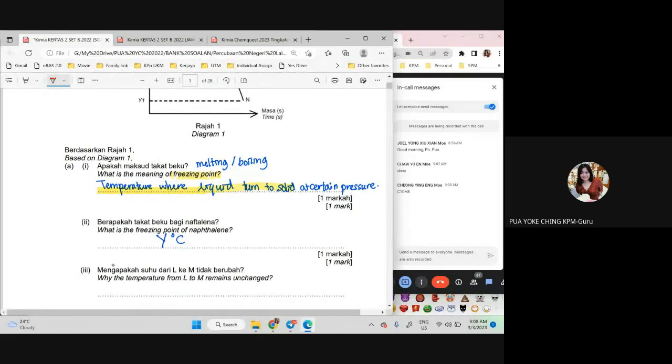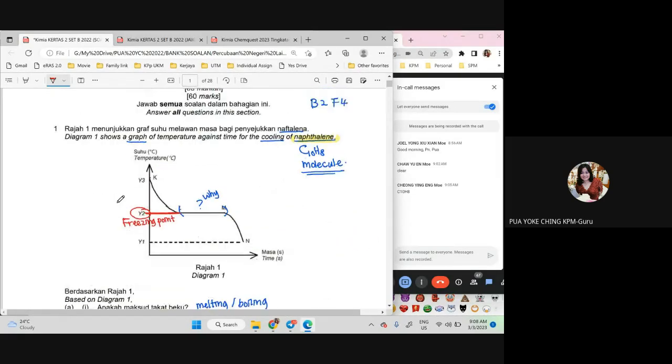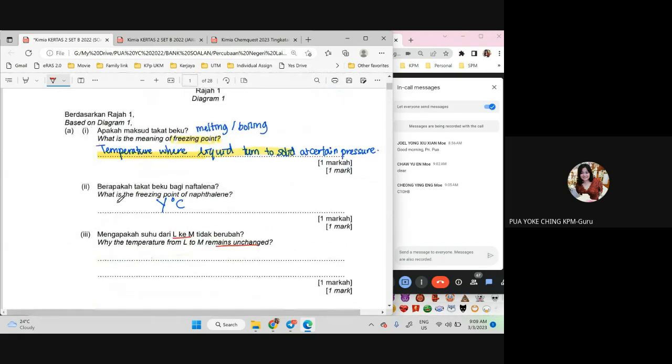Why does the temperature from L to M remain unchanged? This is a cooling curve.